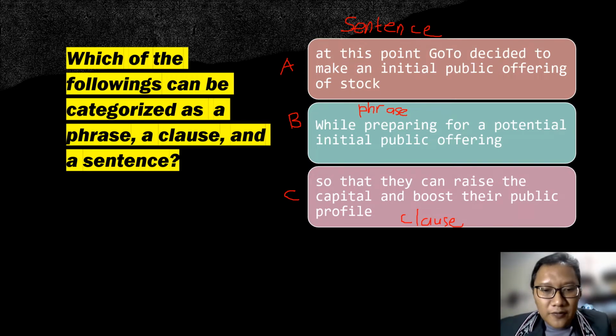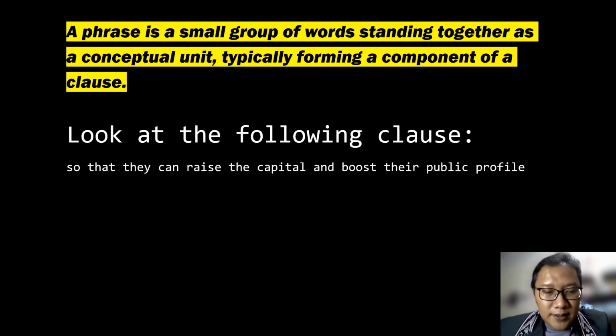Okay, so first of all, let's take a look at a phrase. After a word, a phrase is one level closer to a sentence. A phrase is a small group of words standing together as a conceptual unit, typically forming a component of a clause.